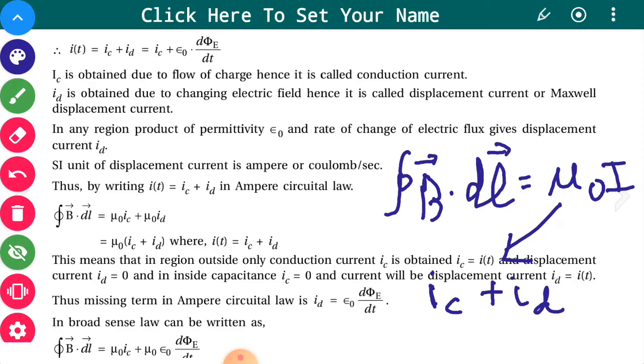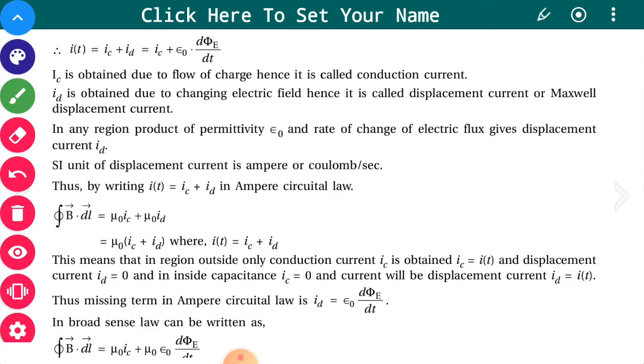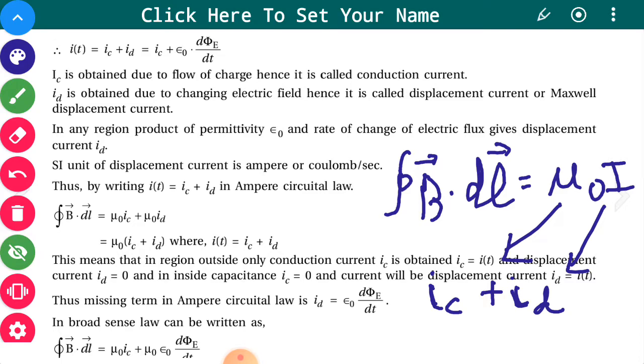So the current is divided into IC and ID. The equation of Ampere's circuital law can be written as integration B dot dl equals mu 0 IC plus mu 0 ID, and if you take mu 0 as common, it is mu 0 times (IC plus ID).